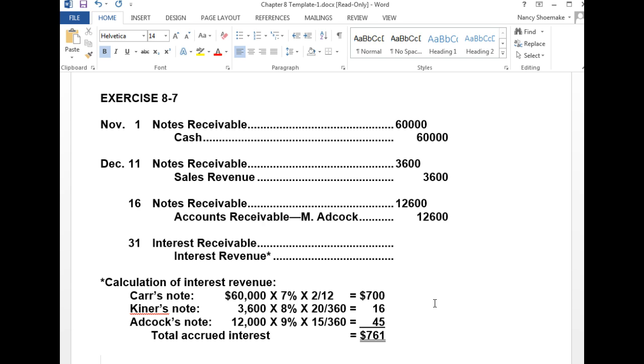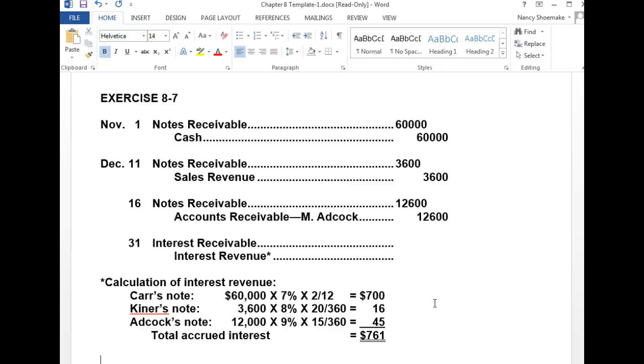Kiner's note. How many days do we have on Kiner's note? 20. We don't count the day we create the note, we count the day after until it's paid. So 20 days, we've got 3,600 times 8% times 20 out of 360 days. Then Adcock's note is 15 days. 12,000 times 9% times 15 out of 360.